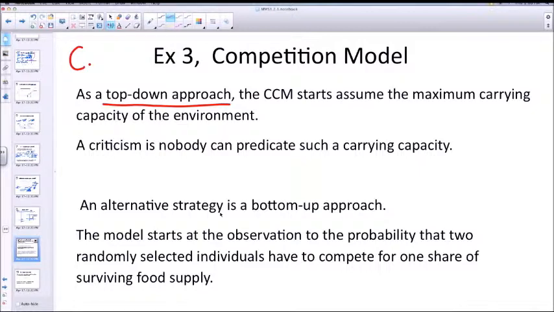Another approach, I will call it the computation model, starts from a bottom-up approach. You consider how much potential this world population can increase, but you start to look bottom-up at how hard it is to survive, to find a job, to get enough food, how much you have to compete for one surviving food supply.